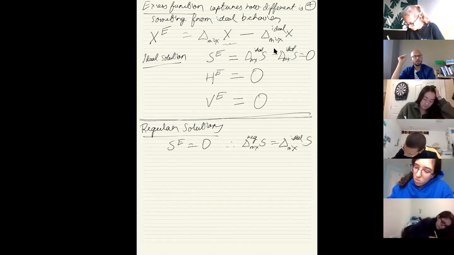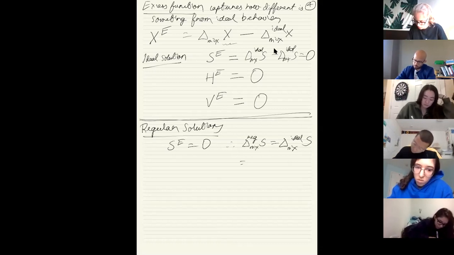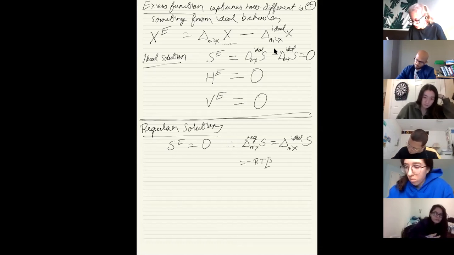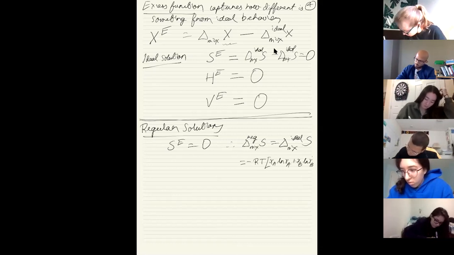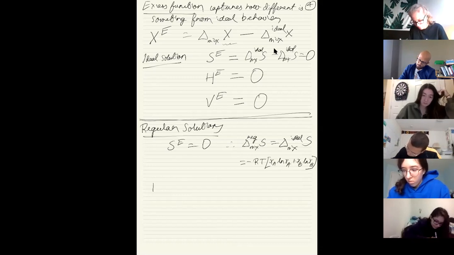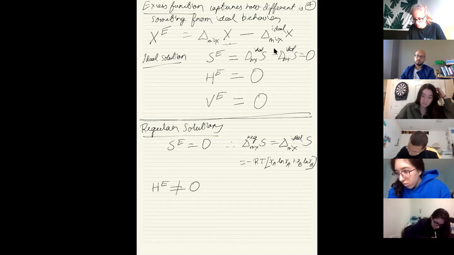We will just use the same expression that we derived last time. What is that expression? We just wrote it down. That is minus RT (XA ln XA plus XB ln XB). We are not going to challenge this entropy expression. This term, however, will be allowed to be non-zero. That's our regular solution model. And we will derive an expression for this.